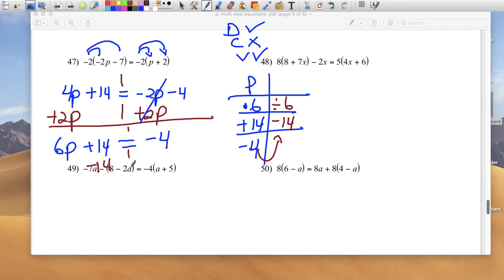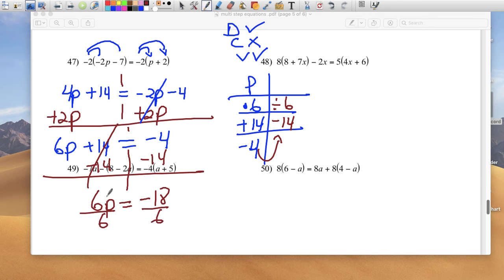Minus 14 on the left side, minus 14 on the right side. These two go away. 6p equals negative 18, right? Because negative 4 and negative 14 is negative 18. Then I have to do divide by 6, divide by 6. P equals negative 3. If anything, I think the substitution might be a little bit harder, right?